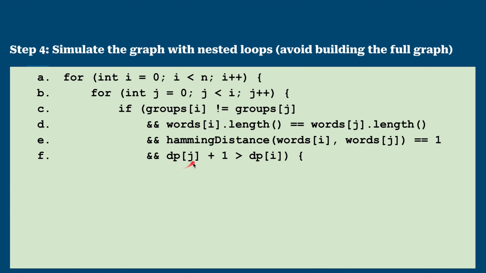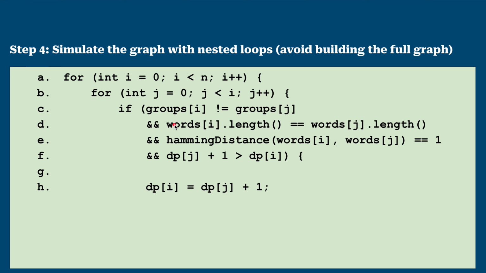Now we will check dp at j plus 1. It should be greater than dp at I. Let me first go through the code. So dp at I is dp at j plus 1.